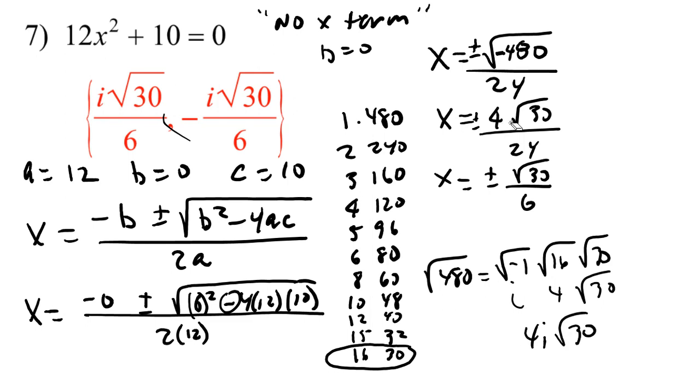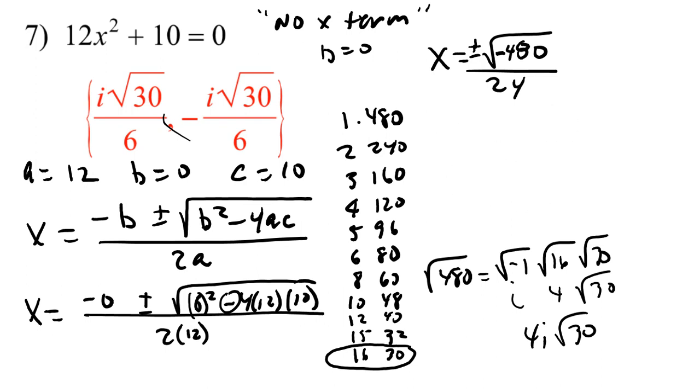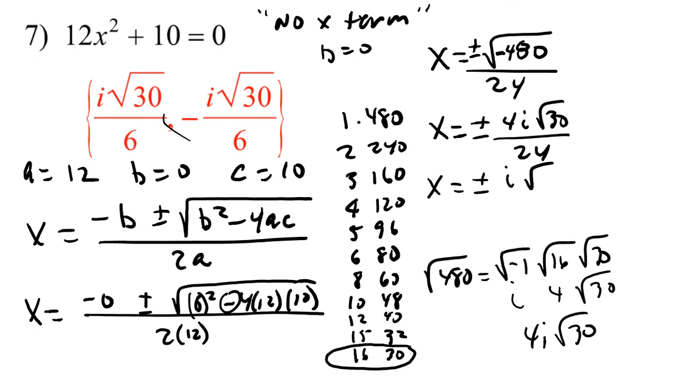So right in here, I've made a mistake. So let me just redo that work. And so then we get x equals plus or minus 4i root 30 divided by 24. And then the 4 goes into the 24, so then we're going to get x equals plus or minus i square root 30 divided by 6.